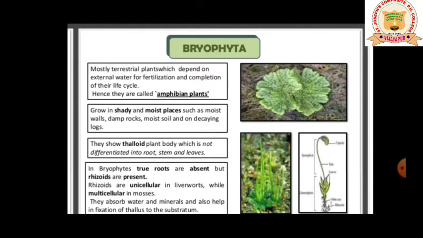So they are termed as amphibians of the plant kingdom. Bryophyta are called amphibians because these plants can live in soil. Terrestrial means they can grow on soil but depend on water for sexual reproduction.